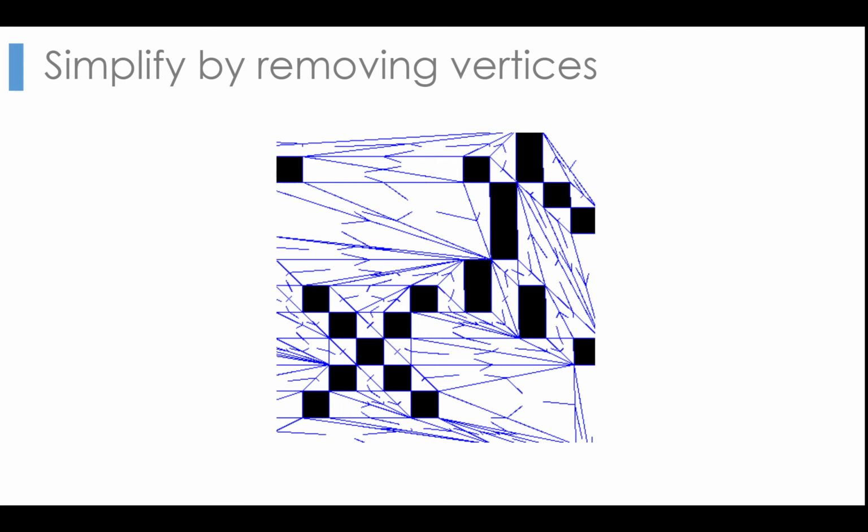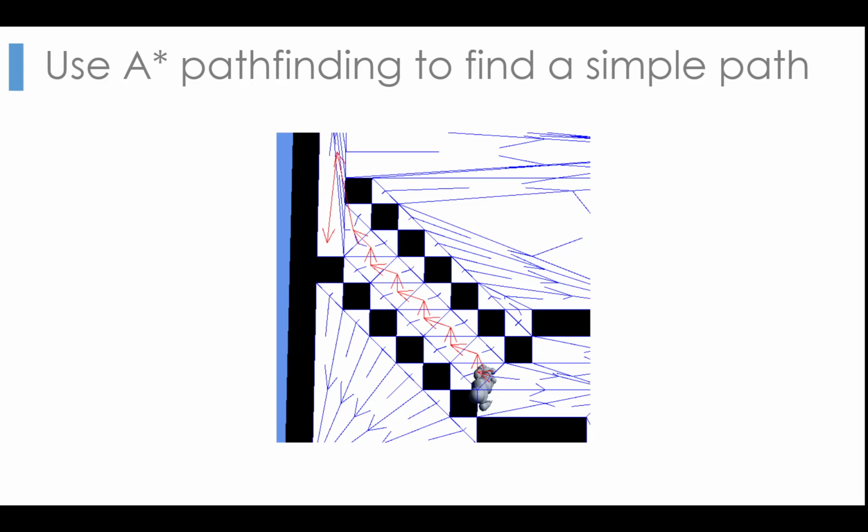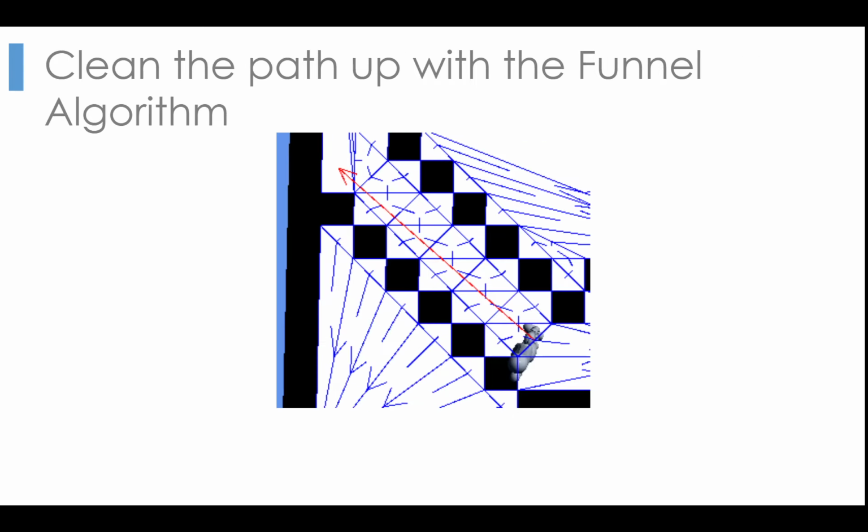Now that we had a better Navmesh, our next step is to do a normal A-star pathfinding on it by using the center of the triangles as the nodes in our pathfinding algorithm. Once we have a path, we take all the edges that it crosses and use those edges to do the funnel algorithm to get a perfectly clean path from point A to point B. And that's it. That's as simple as it is. 4 steps, generate a simple Navmesh, clean it up before we load in the map, A-star pathfind on the triangles, and then clean up with the funnel algorithm.